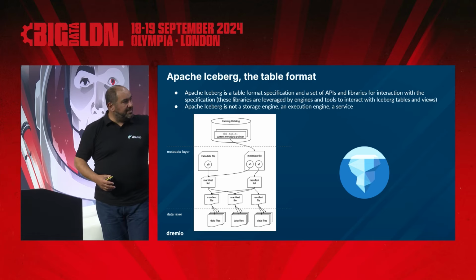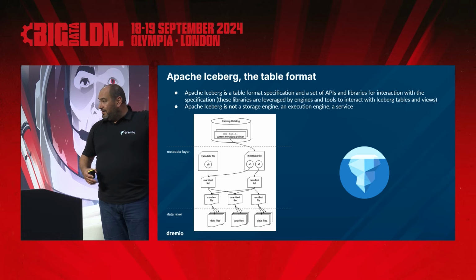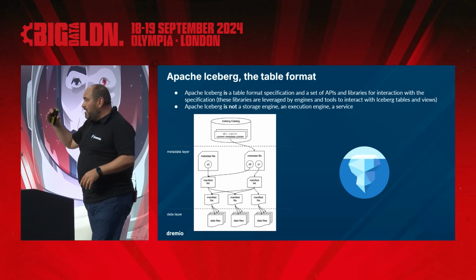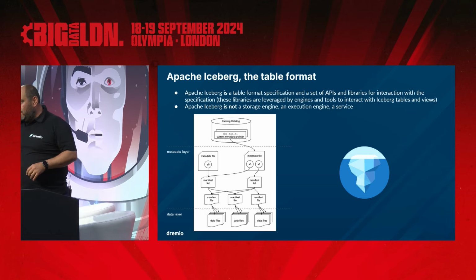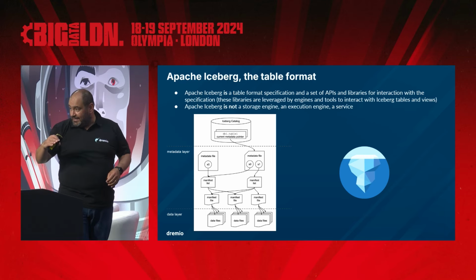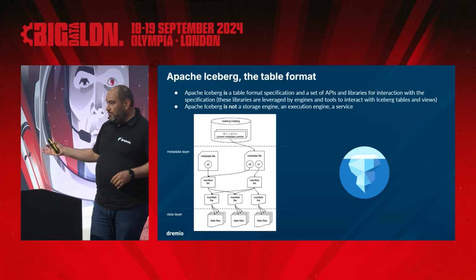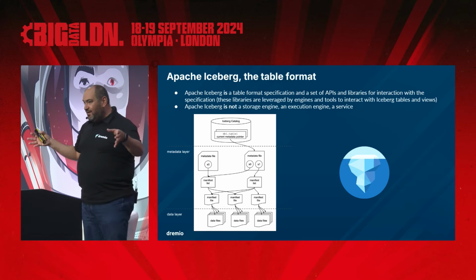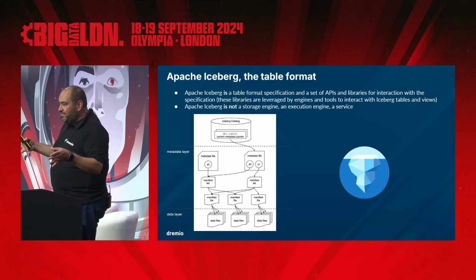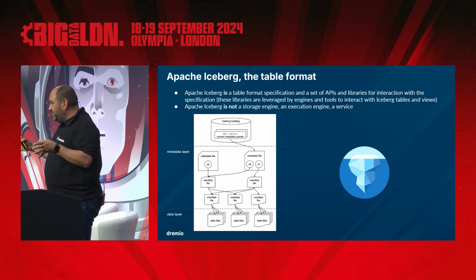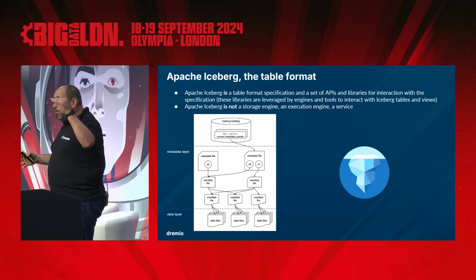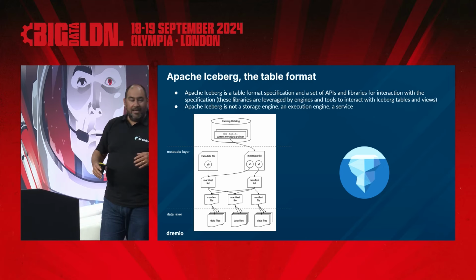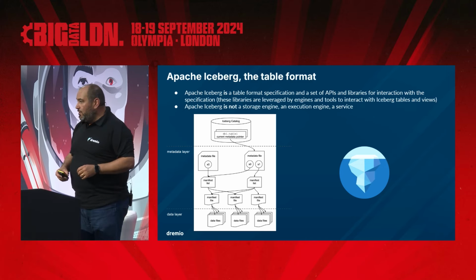A commit is basically a manifest file, so the manifest list. Each commit into an Iceberg table is going to add a manifest list containing multiple manifest files. And on top of that, we gather everything in a big file used by the query engines. It's the metadata.json. This metadata.json contains all the commits that happen on the table or a view, and then it exposes this to the query engines.